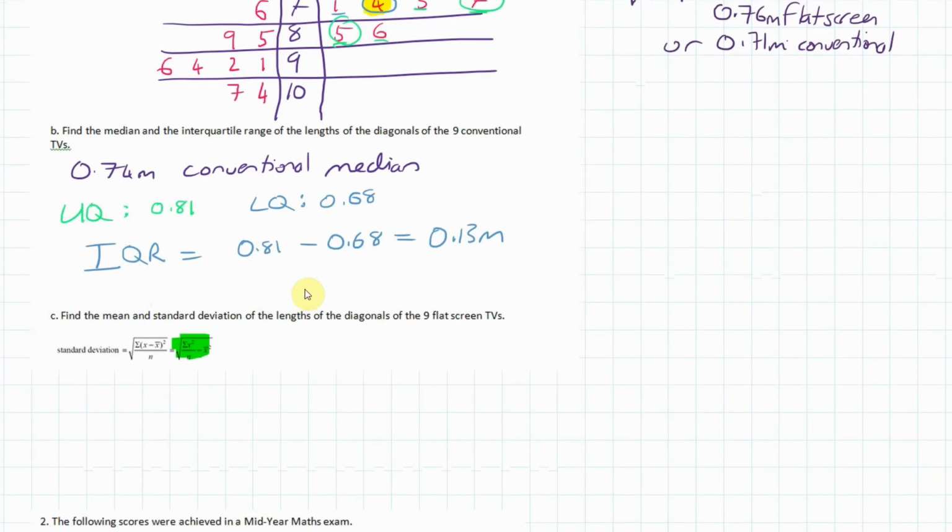Okay, so the sum of x squared divided by n minus the mean squared, and then we're going to take the square root of that.